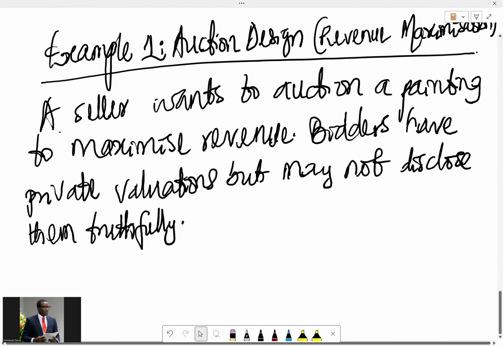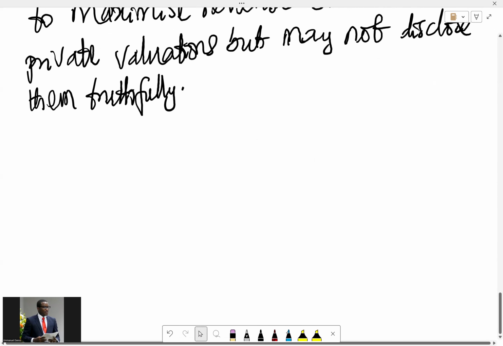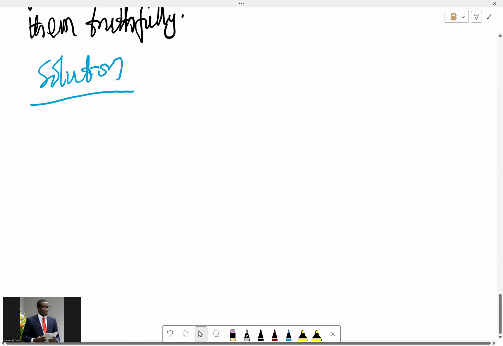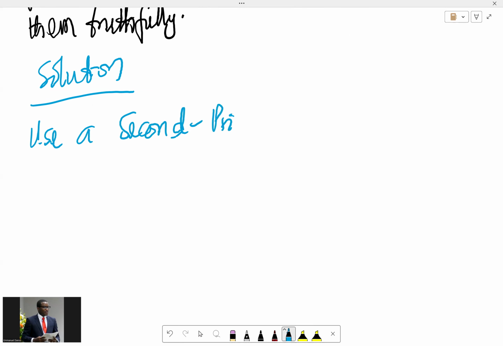So how do we solve this kind of situation? Here, the solution is something in this line. The other time we talked about the second price auction, in the video on the applications of game theory in economics. So use the second price sealed bid auction.